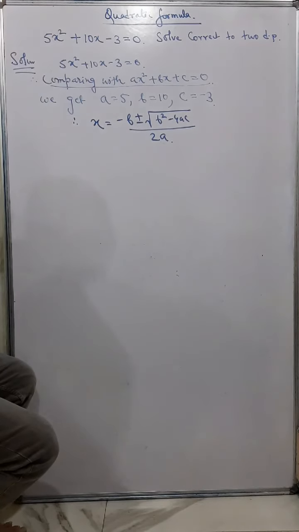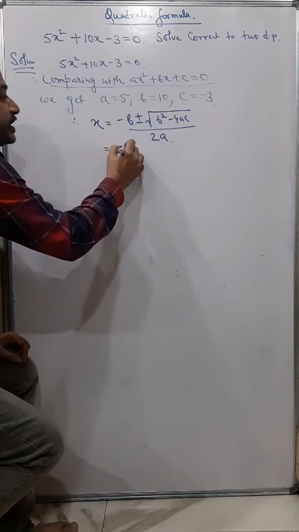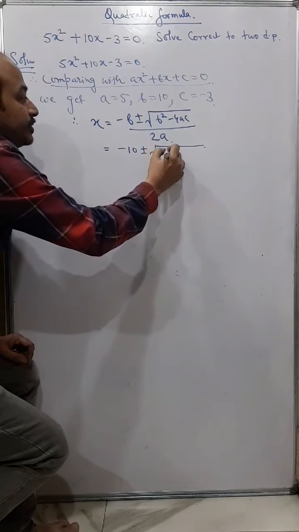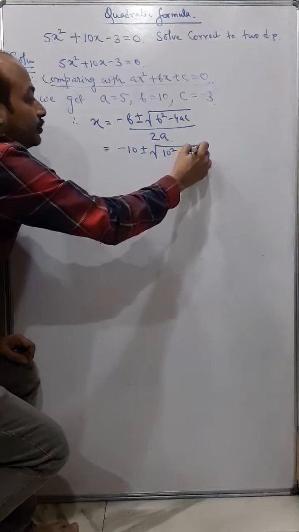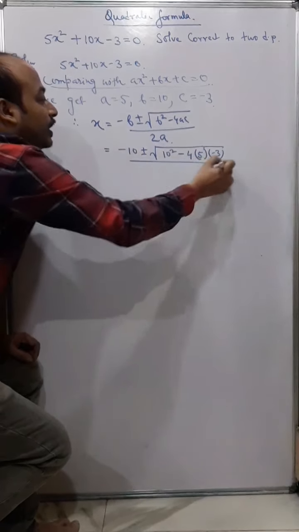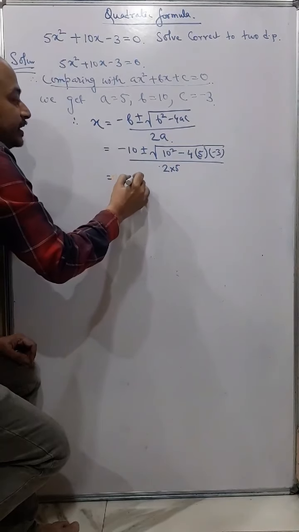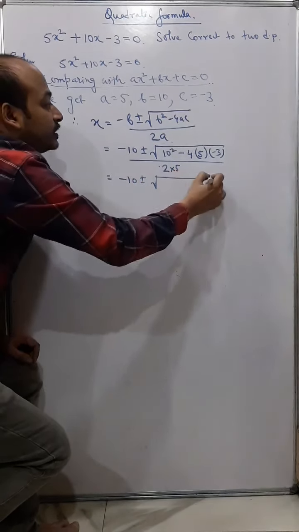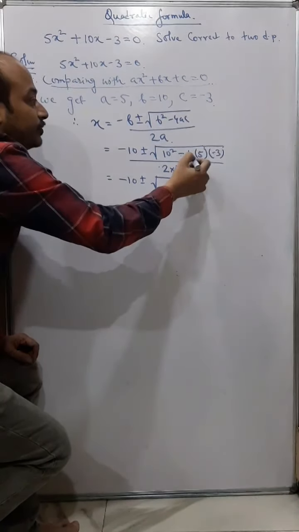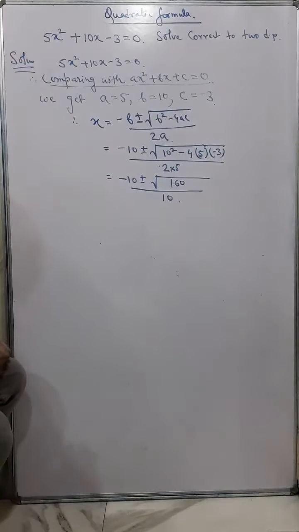Then we'll put the respective values. So we get minus 10 plus minus root over 10 square minus 4 into a into c, by 2 into 5. So we get minus 10 plus minus root over 100 minus minus plus, 5 into 20, so you get 160, by 10.